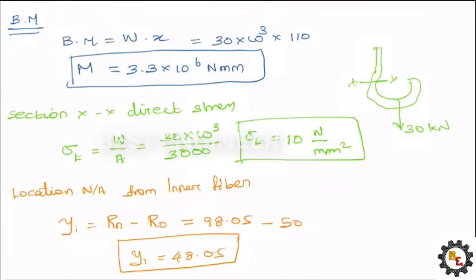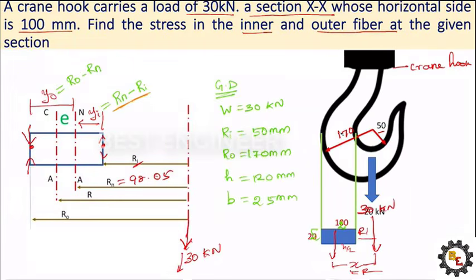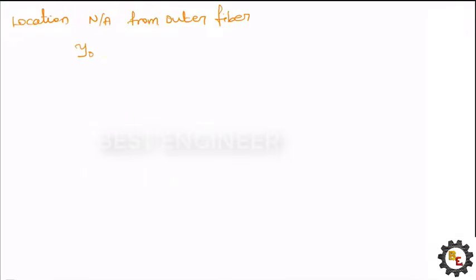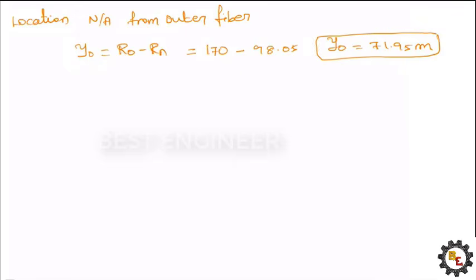And location of neutral axis from outer fiber: formula is Y0 equal R0 minus Rn. R outer value 170 minus Rn value 98.05. So Y0 equal 71.95 millimeter. These two values are needed to find the stress.